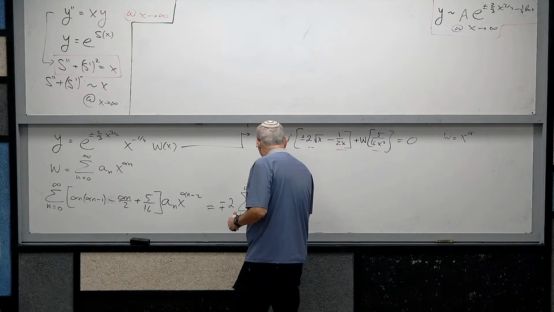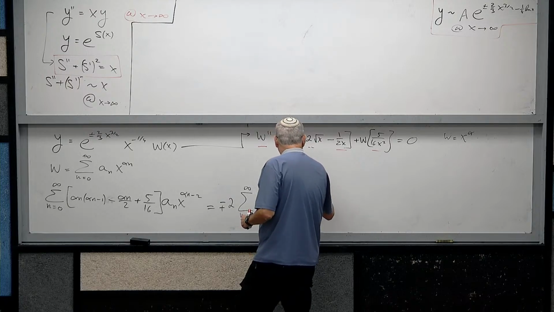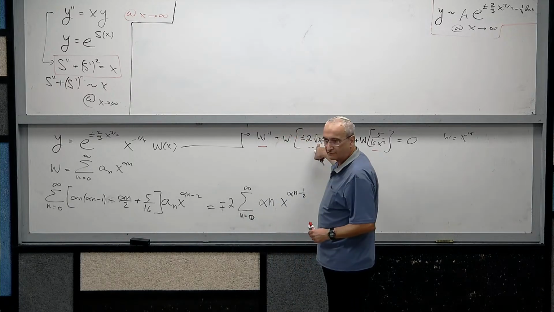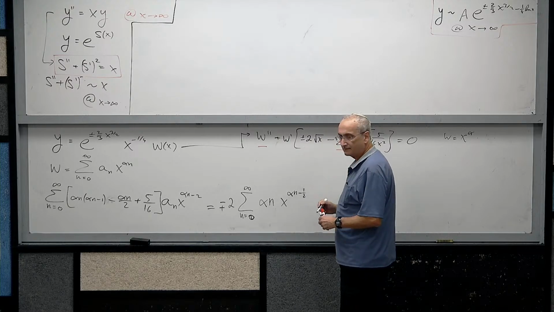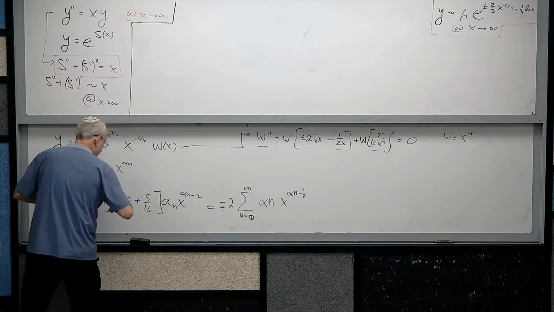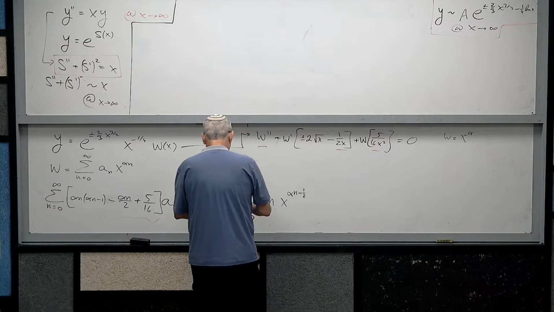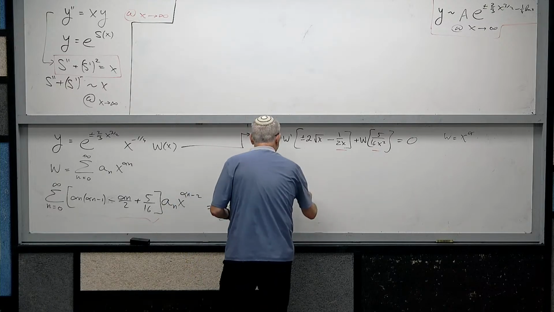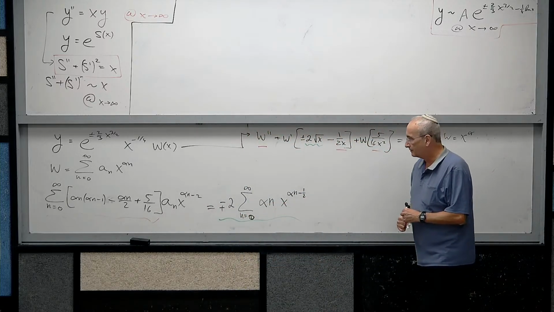So I will have alpha n x to the alpha n minus 1/2. Why minus 1/2? Because I have square root of x. Right? So these three are from the red terms. And this one came from the green term. This one. Good.